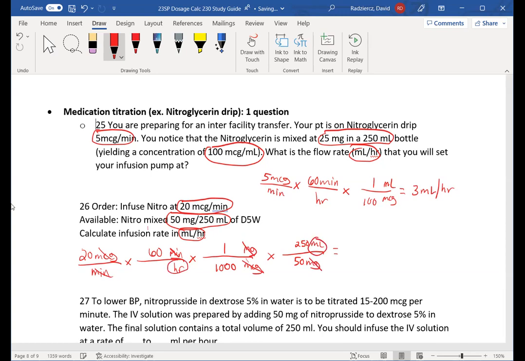So just plug that into the calculator. 20 times 60 times 250, and then divide by 1,000, and then divide by 50. And then I get a whopping 6 milliliters per hour. Just seems so unimpressive. Okay.